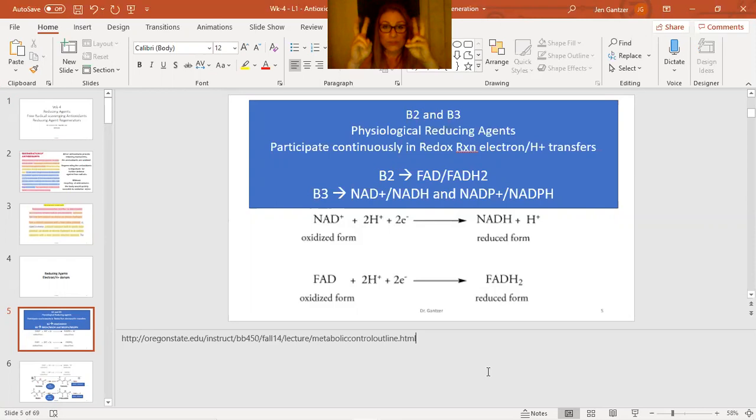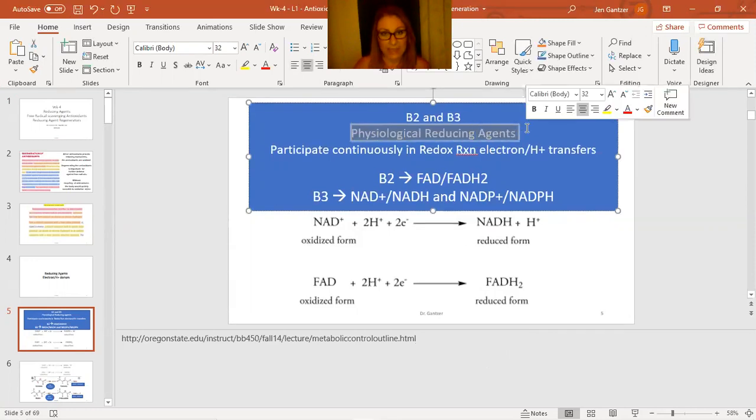So the reducing equivalents are NADH and FADH2. Now, those are the B2 riboflavin and B3 niacin reducing agent derivatives. So these are our physiological reducing agents.